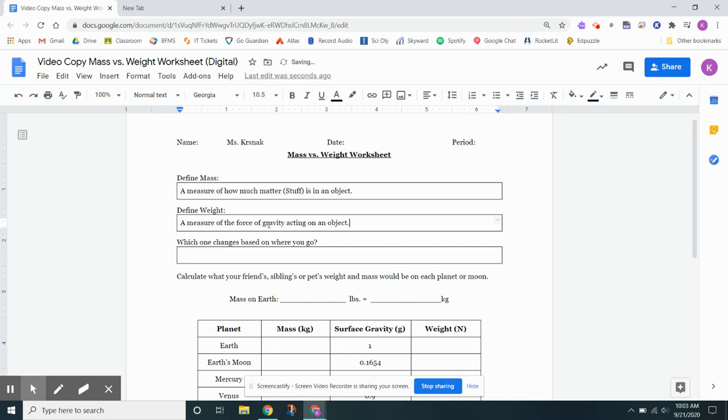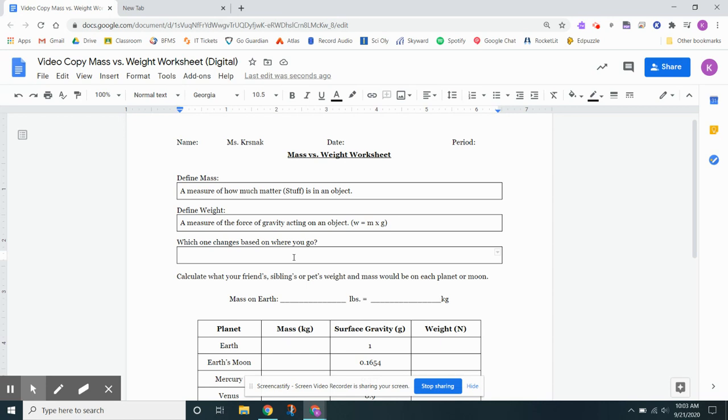This is actually figuring out how much gravity is pulling on that object. And it's actually a calculation, right? Weight equals mass times gravity, right? You have the mass, right? How much stuff makes it up. You multiply it by this gravitational field or the surface gravity, and you'll get the weight.